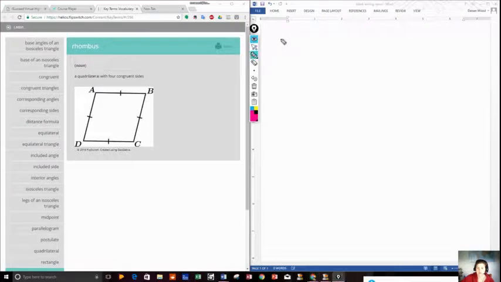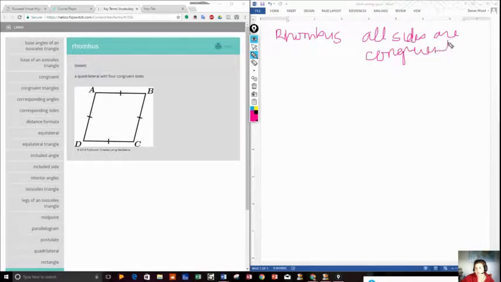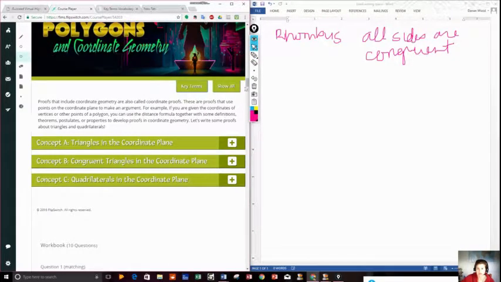So when I am trying to prove a rhombus, I need to prove that all 4 sides are congruent. All sides are congruent.